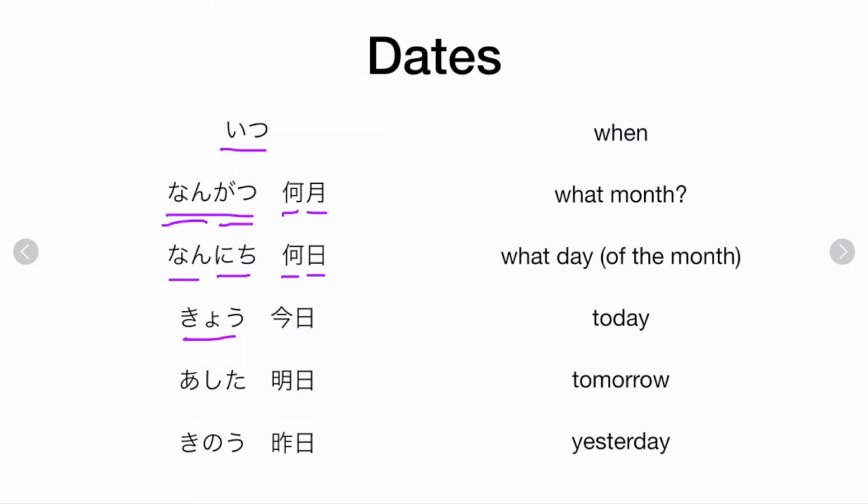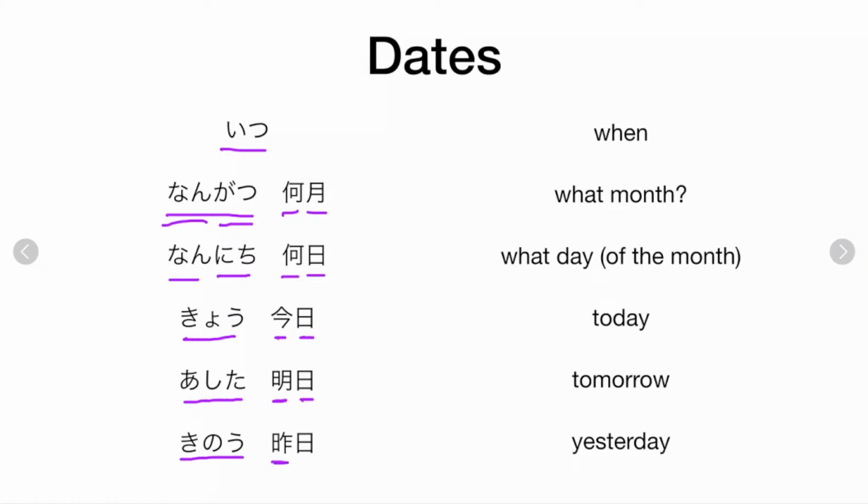Kyo is today. This kanji means now, and this one means day. So kyo is today. Ashita is tomorrow. So this kanji is kind of like the sun rising and moving to the next one. And then this is day. So ashita is the next day. And kino.